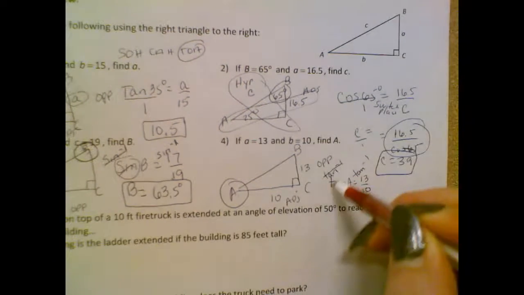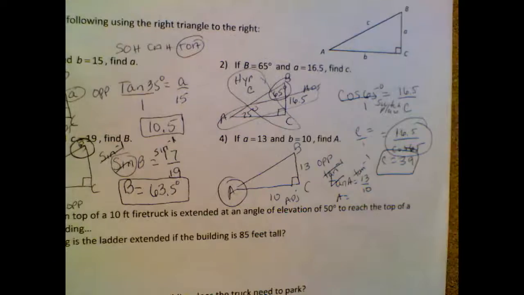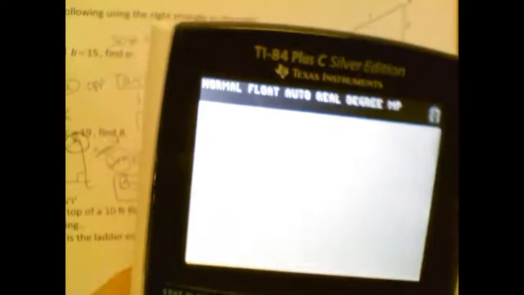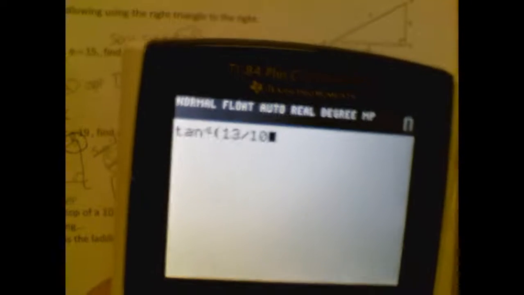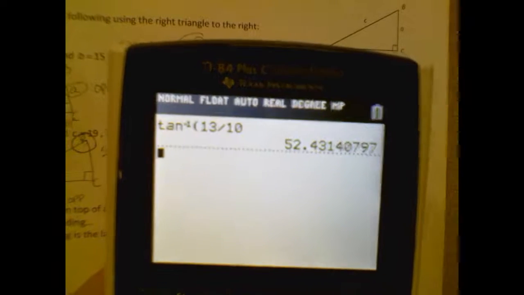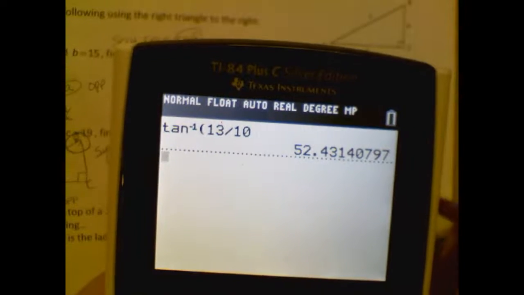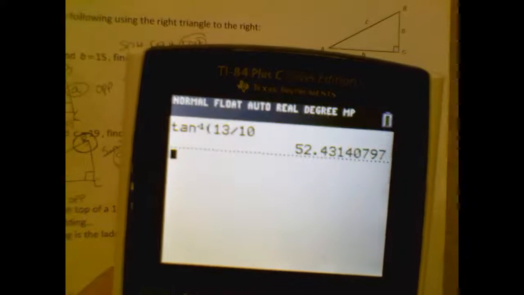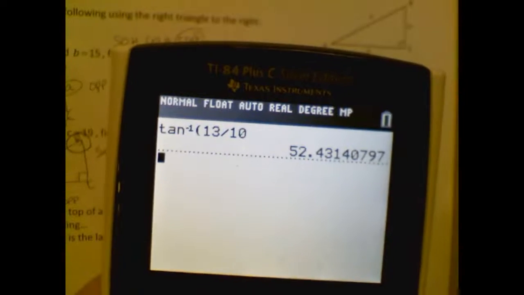Both sides. So whenever you're solving for an angle, this is what you have to do. So you're going to press second tangent 13 divided by 10. And it's 52.4 degrees. Arc tangent of 13 over 10.